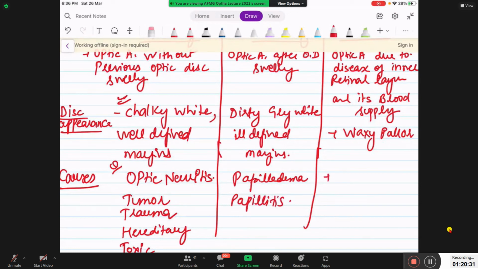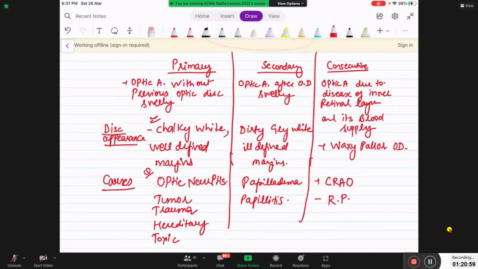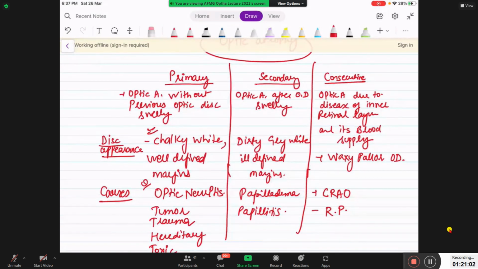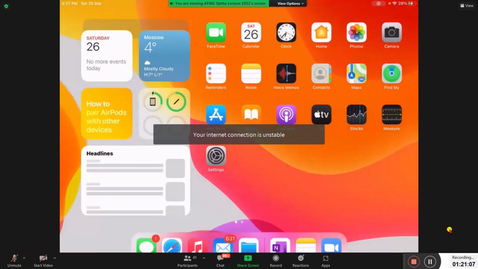Consecutive, we have discussed this one: CRAO and RP, retinitis pigmentosa. Done. Of optic atrophy.